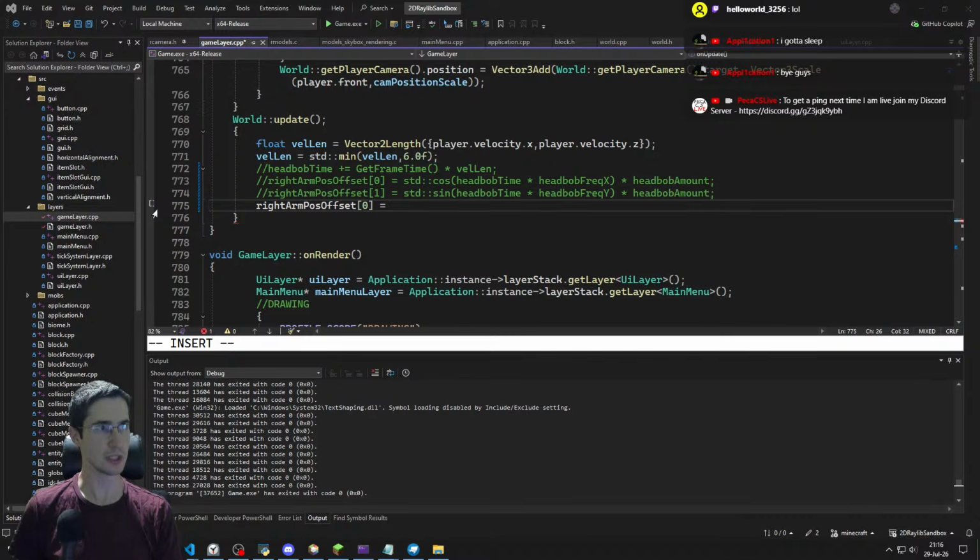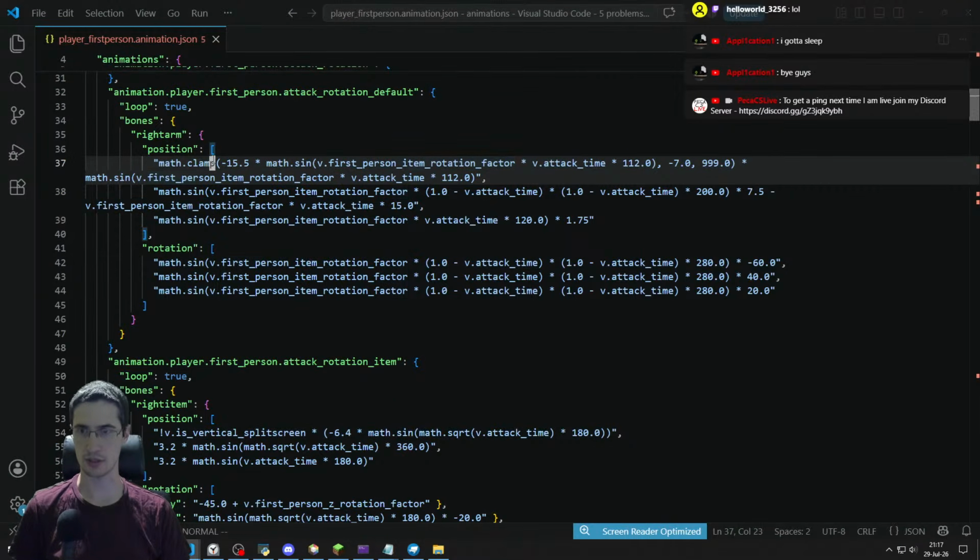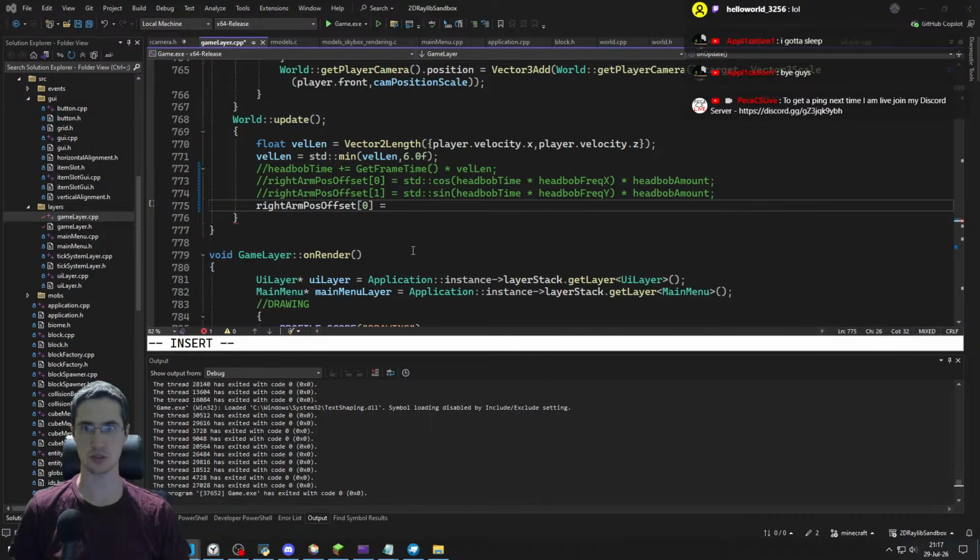In Minecraft, they multiply two sines. Let me be absolutely sure what they do here. This is their clamping. They multiply the sine by some value and clamp it, then multiply the result with a sine. So the extremely simplified version will be std::sin of an angle times std::sin of an angle.